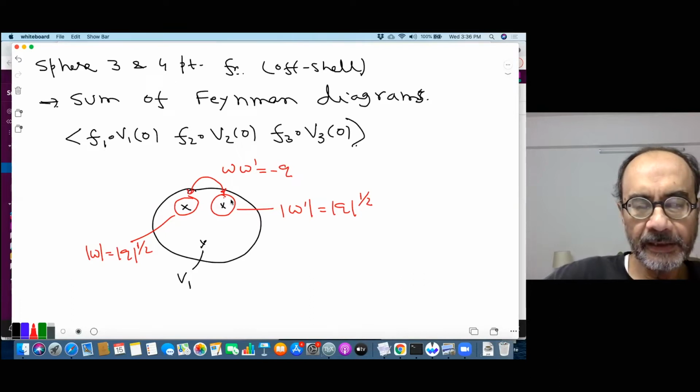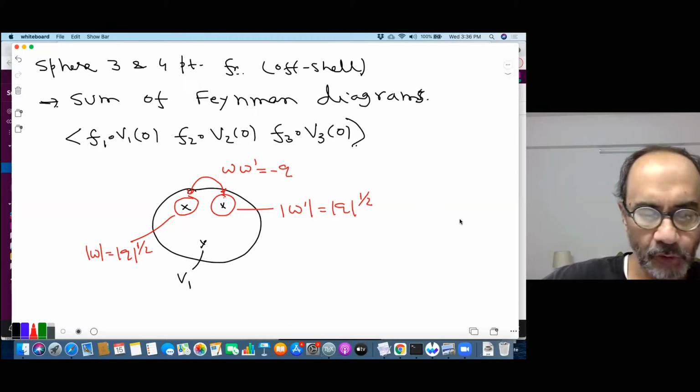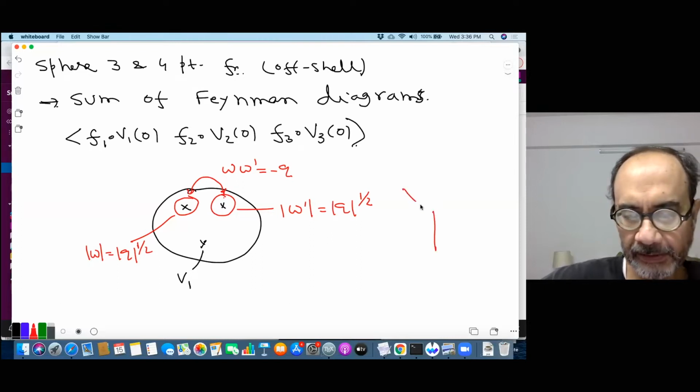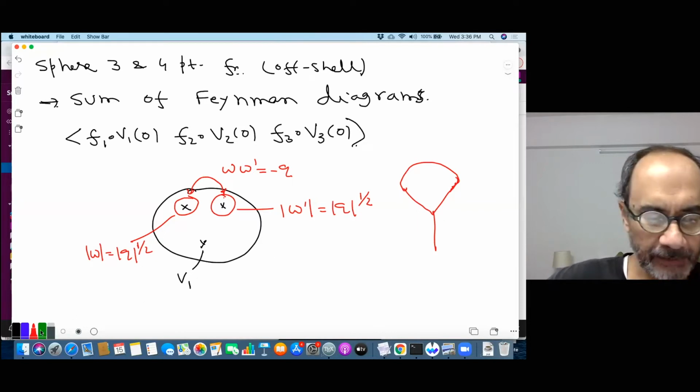And if we follow the interpretation in terms of Feynman diagrams, what it amounts to is that you start with a 3 point function, and then join 2 of these by a propagator. So in terms of Feynman diagrams, it certainly looks like a one loop, 1 point function. So this is a Feynman diagram interpretation.